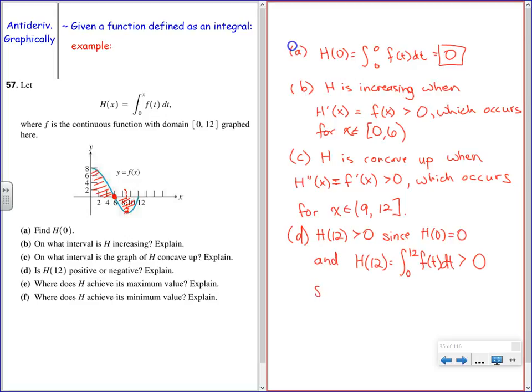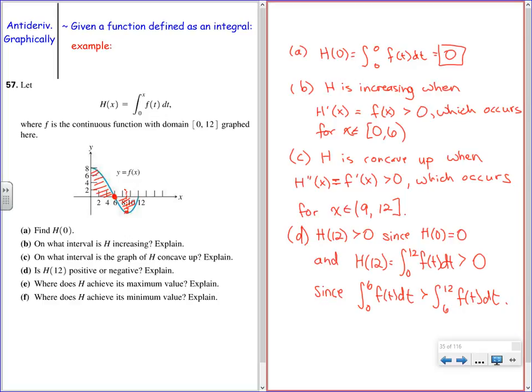Would that be sufficient to say that the area above the x-axis is greater than the area below? Yes, you could say it that way. You could also say that the area from 0 to 6 is greater than the area from 6 to 12. They just want to see that the positive displacement is greater than the negative displacement, so it's going to be an overall positive change. 6 is the zero, so this positive area is greater than this negative area.